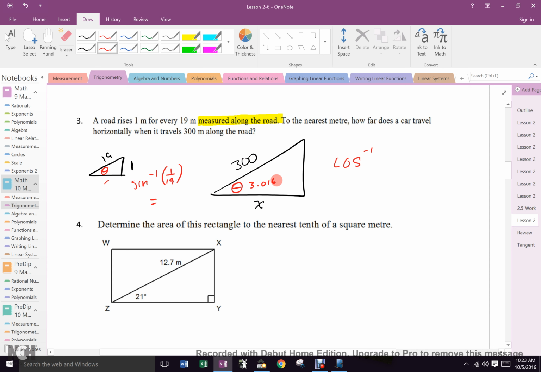Then a bunch more decimals, right? So now I have theta, I have an adjacent and a hypotenuse, cos of 3.016 equals adjacent, x, over 300. So if I do 300 times cos 3.016, I will get, again, 299.6.